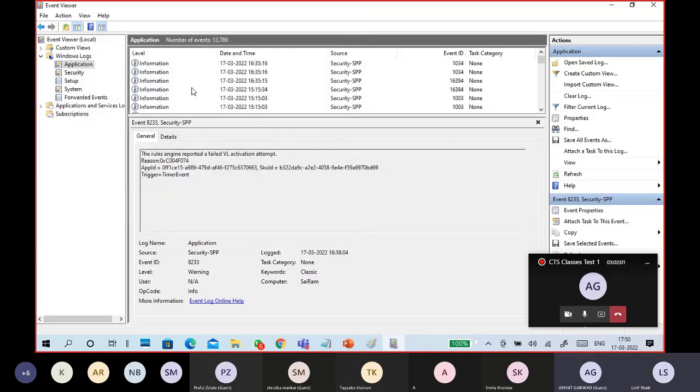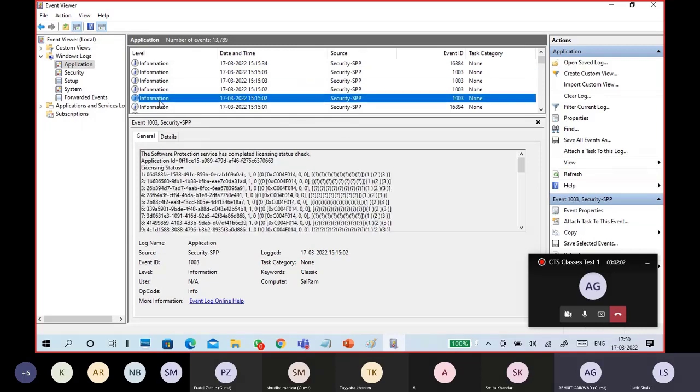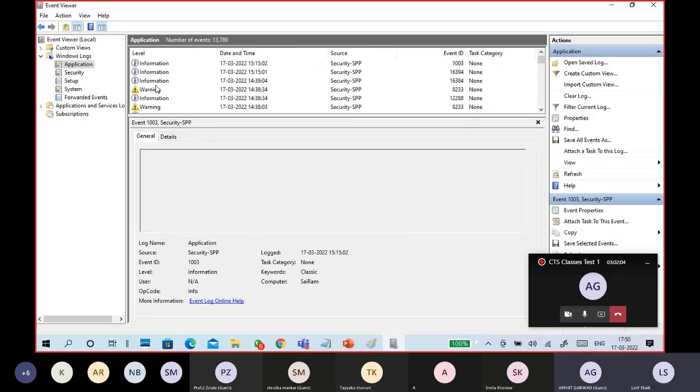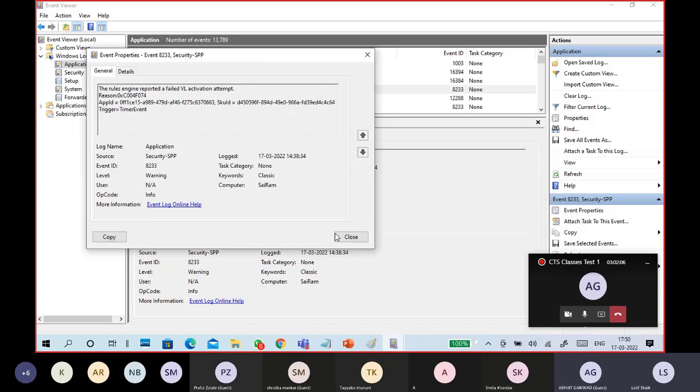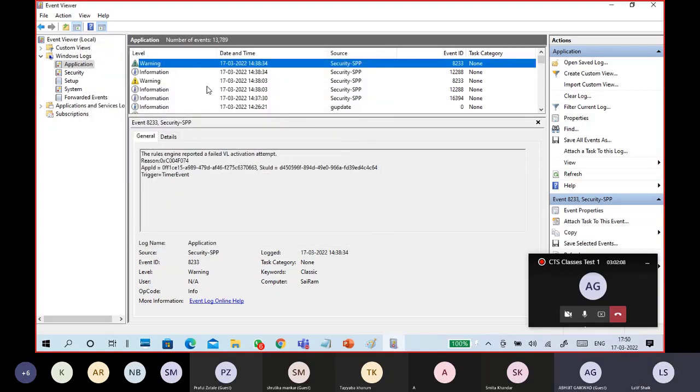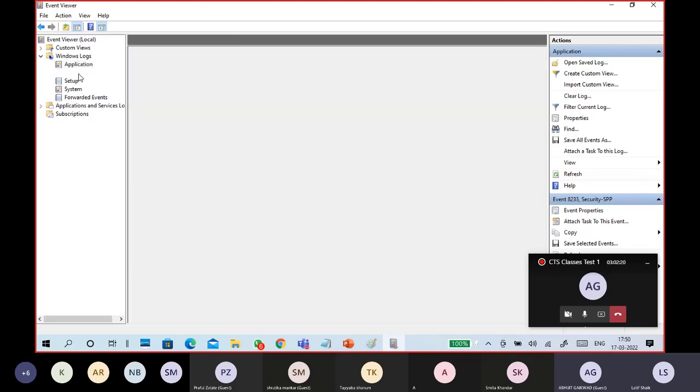So these are all application related information: access information, open related, including your updates and system applications like Notepad, WordPad, everything is an application.